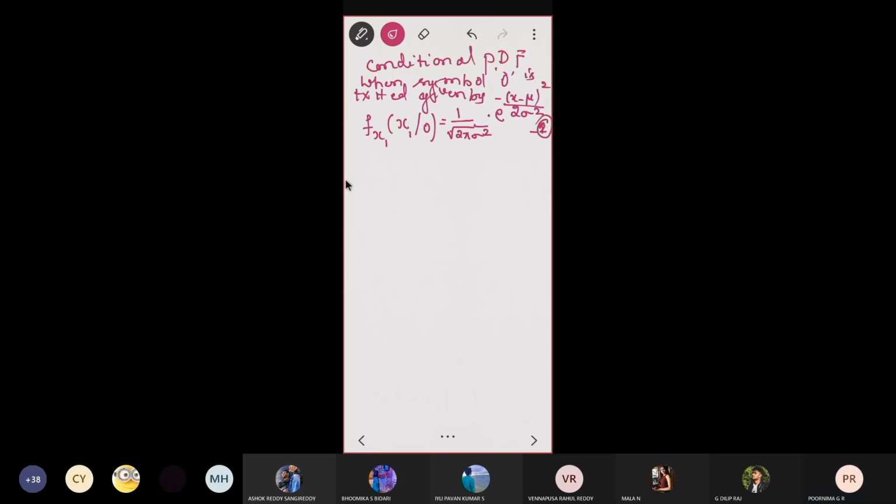What is the mean value of x1? The mean of the random variable x1, represented as mu, is equal to minus root Eb, and the variance of x1, represented as sigma square, is equal to N0 by 2.